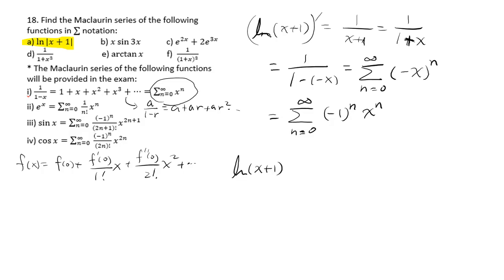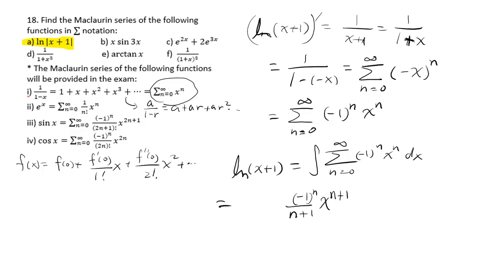Well, that is simply integrating what you have here. The x to the n will be integrated using the power rule: you add 1 to the exponent and put the reciprocal, then sigma n from 0 to infinity.